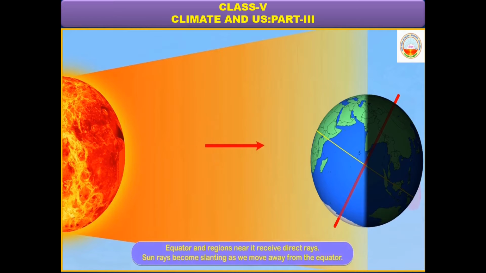While the equator and regions near it receive direct rays, sun rays become more and more slanting as we move away from the equator.